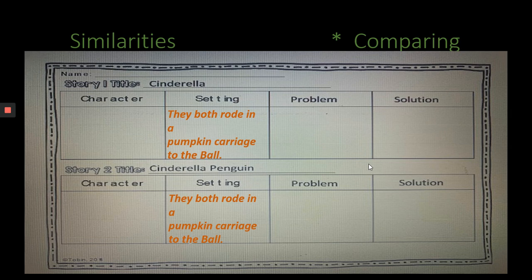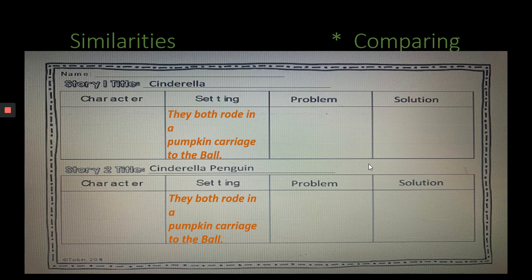Similarities are alike, so it has the same thing in each story. So go back to your graphic organizer and look at the characters. What did you write down? That would be the same. Look at the problem. What was the same problem that Cinderella had, that Cinderella Penguin had? Were there similarities in the solutions?